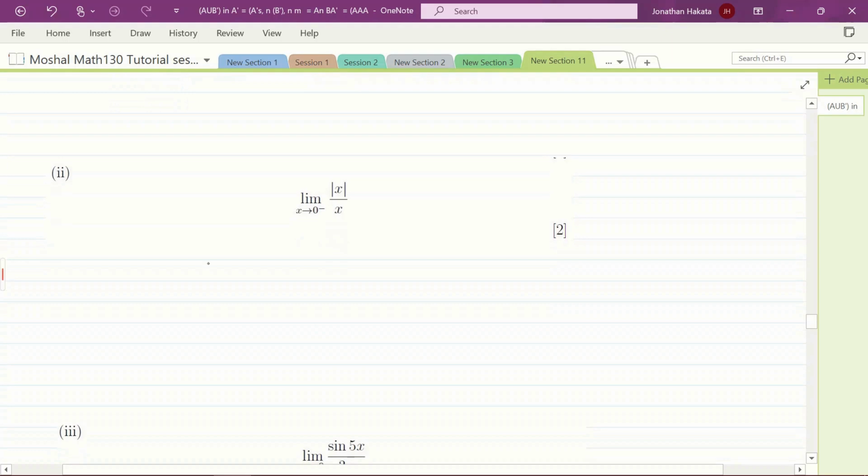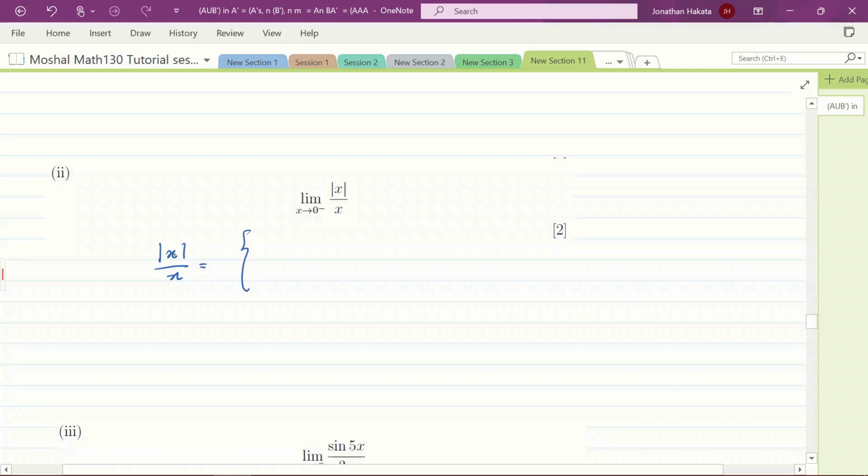I'm a little bit fast now, but remember, I'll give you a PDF of this so you can revisit. So modulus of x over x, we know it's a piecewise function.